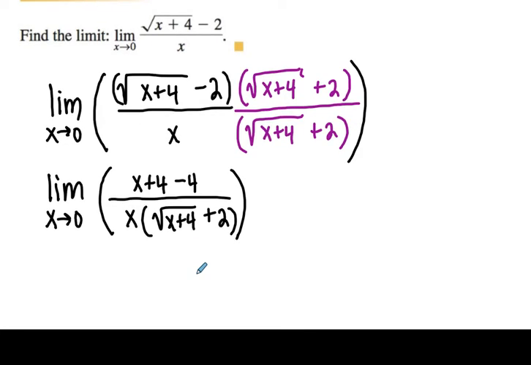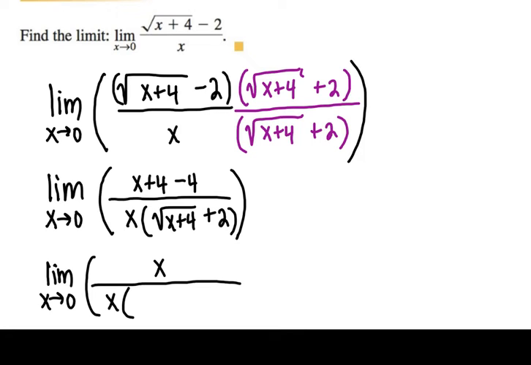The limit as x approaches 0 of x in the numerator over x in the denominator times the square root of x plus 4 plus 2 is equal to, the x's cancel out, leaving me with a 1 in the numerator. Now we can do direct substitution for x.